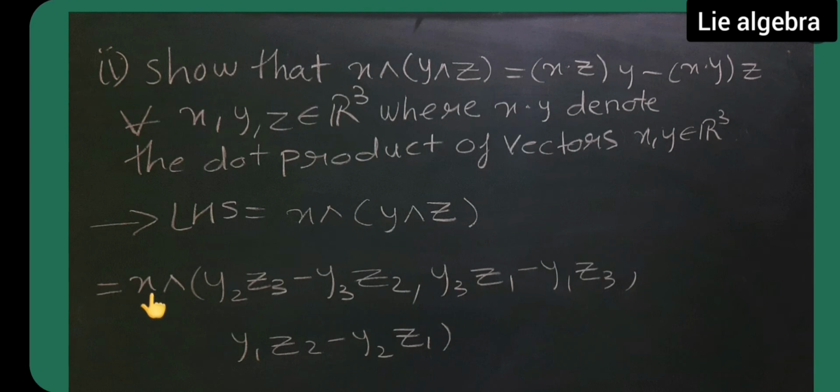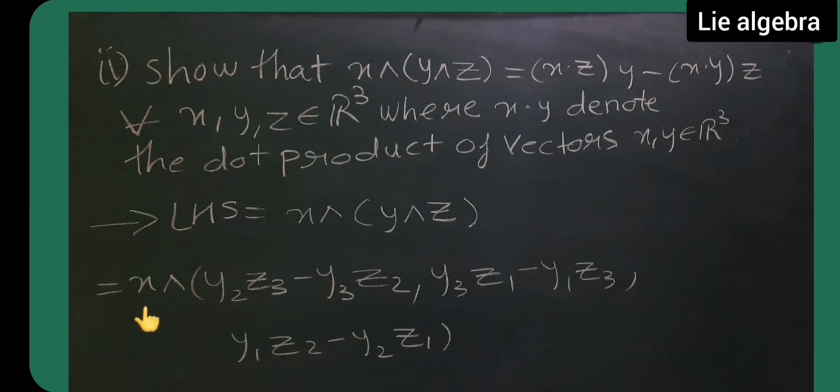So this x cap I wrote as it is, cap, what is y cap z? From the first proof I have already done this, y cap z, what I got, write it here. So what I am going to get is y2 z3 minus y3 z2, comma, y3 z1 minus y1 z3, comma, y1 z2 minus y2 z1.